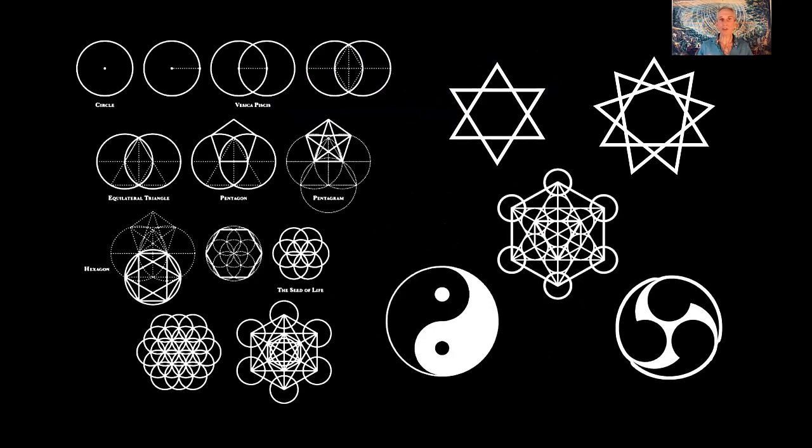Of course, the most important one on this is the circle or the point, which is in the upper left-hand corner. And from there, we can create the Vesica Pisces, the equilateral triangle falls out of that, the pentagon, the pentagram, the hexagon, the seed of life, the flower of life, and Metatron's cube.